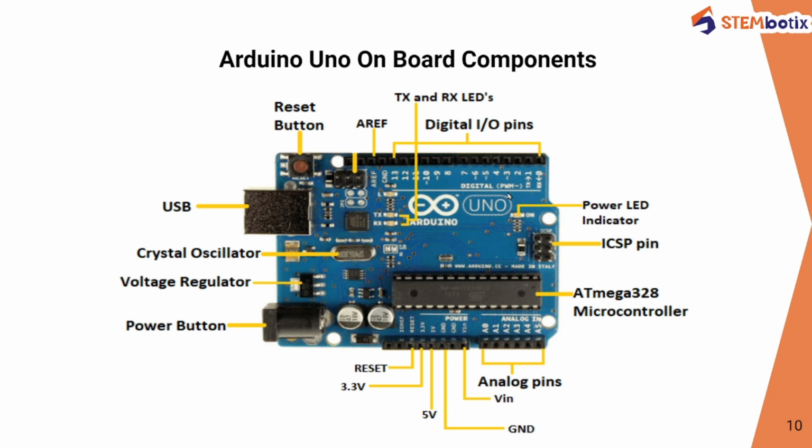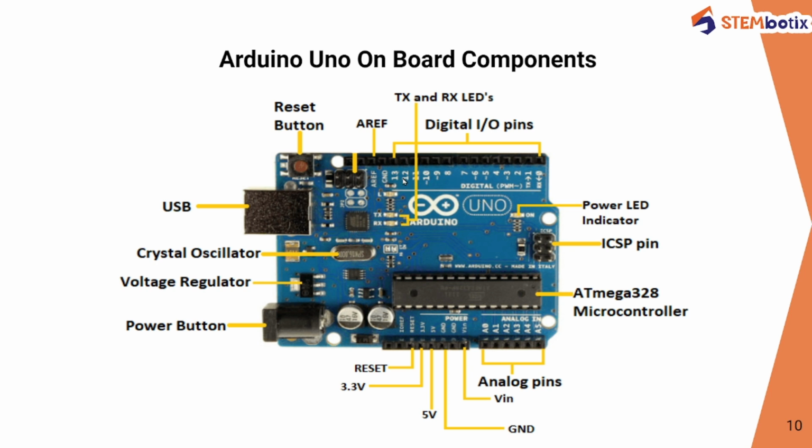PWM is pulse width modulation, and these are the pins with this kind of symbol. Pins 3, 5, 6, 9, 10 and 11 are the PWM pins.